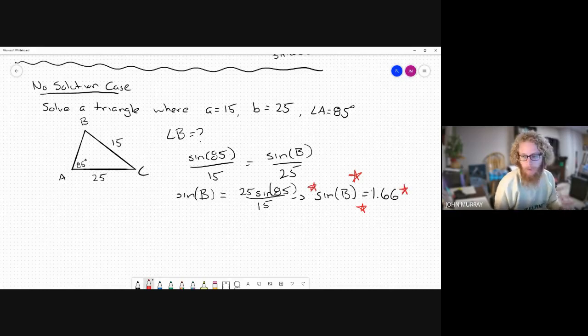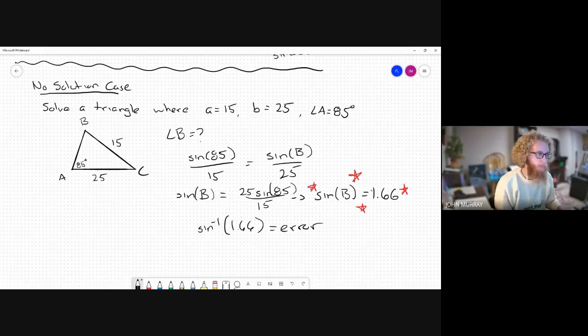Before we go any further, we've already encountered a problem. If you tried to solve it and say the inverse sine of 1.66, you get an error, right? That is because we cannot take the inverse sine of a number larger than 1.